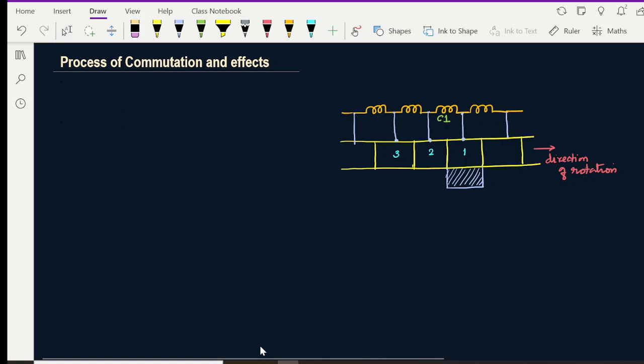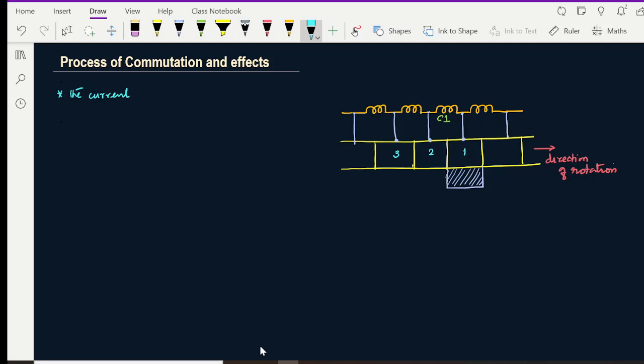Hello everyone. In this video, we are going to look at some of the essential features of commutation in a DC machine. So when you say commutation, it is basically the current reversal.